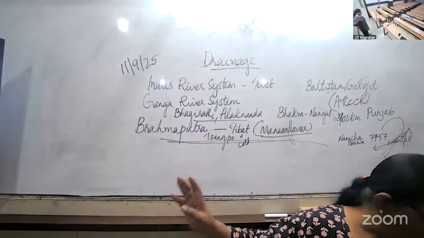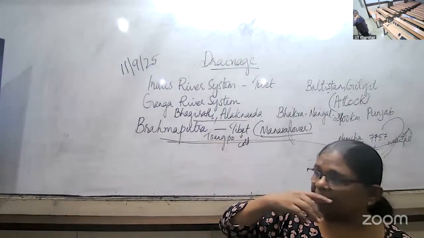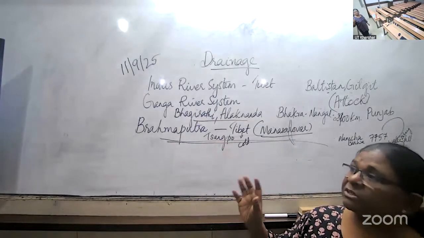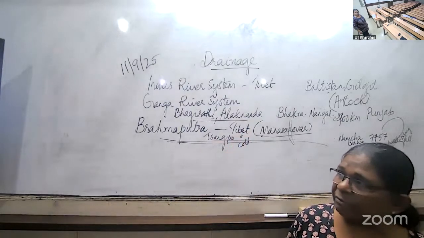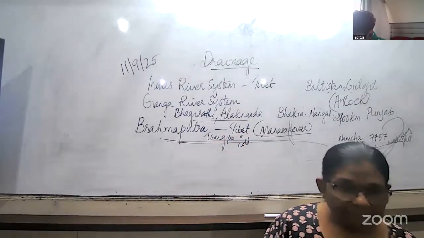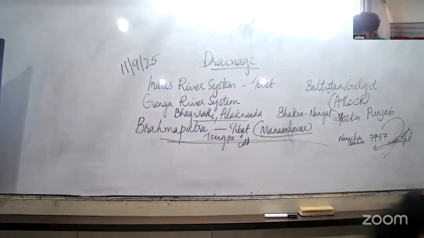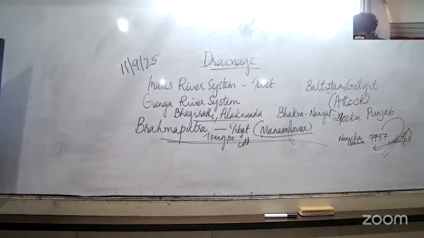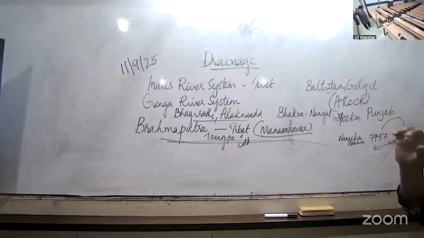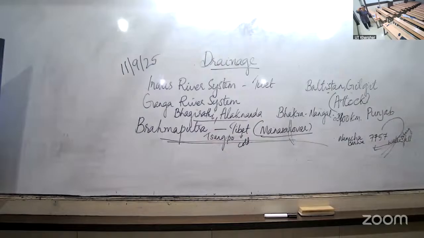Now you do one thing: the peninsular rivers, you read that one paragraph. The main water divide in peninsular India is formed by the Western Ghats, which run from north to south close to the western coast. Yes, this is the main water divide in peninsular India.